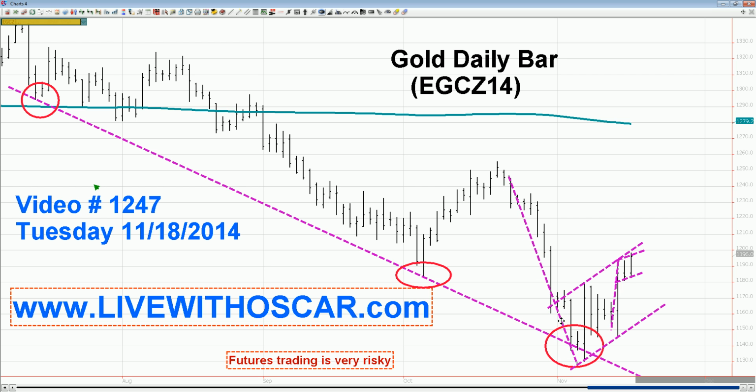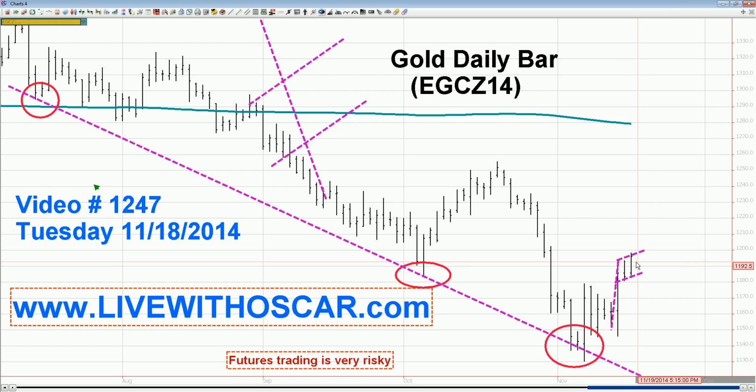Right now we are inside of a big bear flag, so this other scenario is nothing more than a dream. But we're testing the upper boundaries of this bear flag now, and if we can get above it, then the bear flag gets negated, and we start looking at this new scenario with this possibly being a bottom and this being a little bull flag.